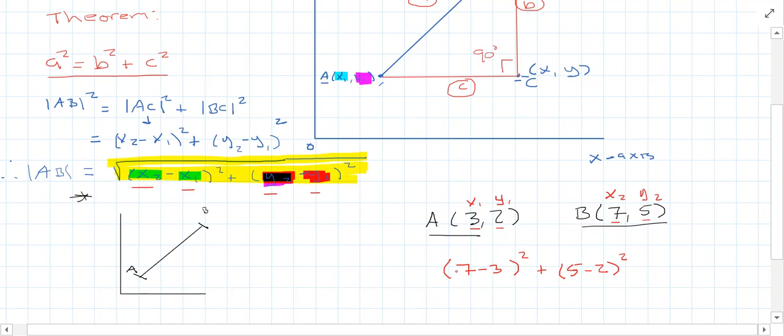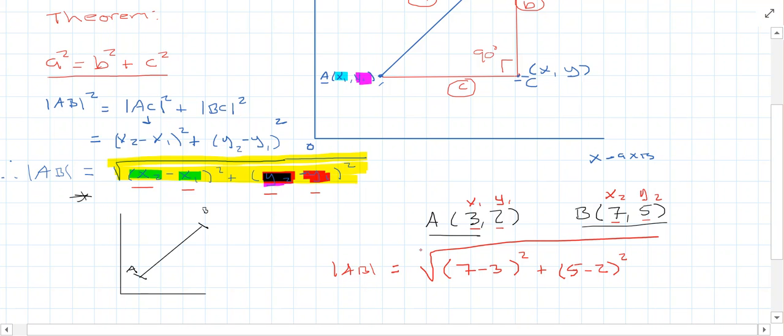And then we have to get the square root of all of that, and that's going to be equal to the distance between point A and B.